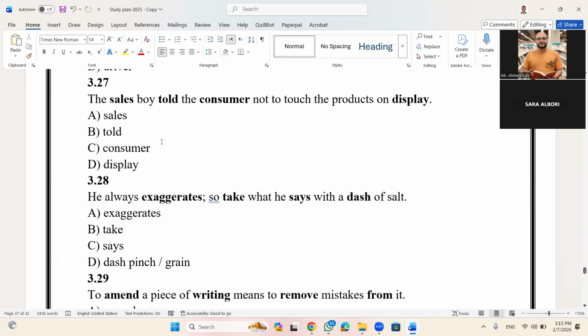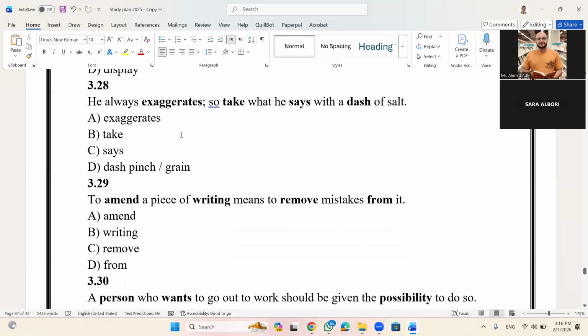I mean the shop assistant. Look here. What do we call the people who go shopping? What do we call the people who buy something? Not consumer, customer. The sales boy told the customer not to touch the products on display.